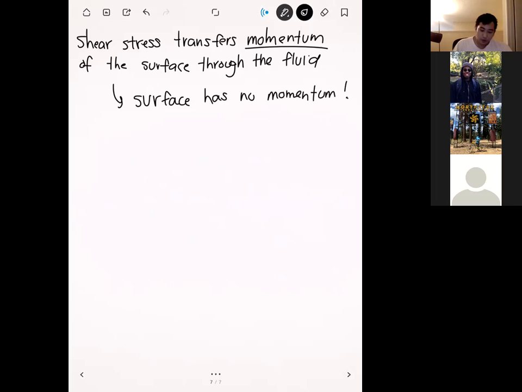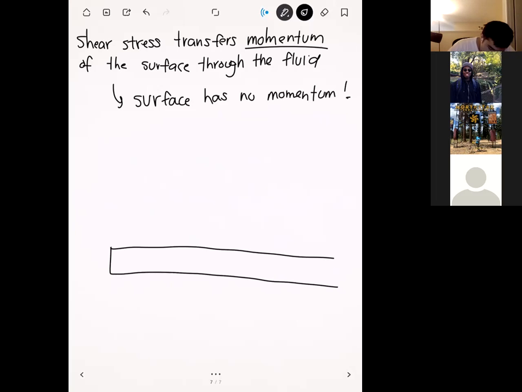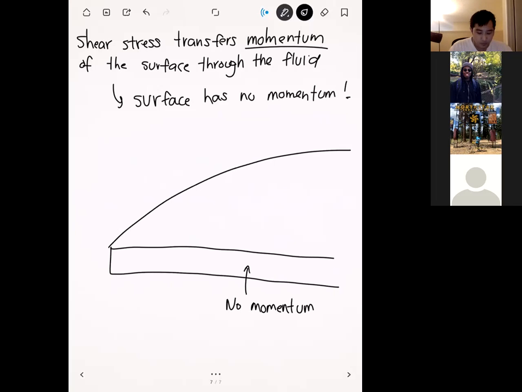Okay. And so visually, it looks something like this, right? So let me draw our surface again. Okay. And so there's our boundary layer, right? The surface we know has no momentum because it's still. Whereas in the free stream, the fluid's going at a velocity u infinity.